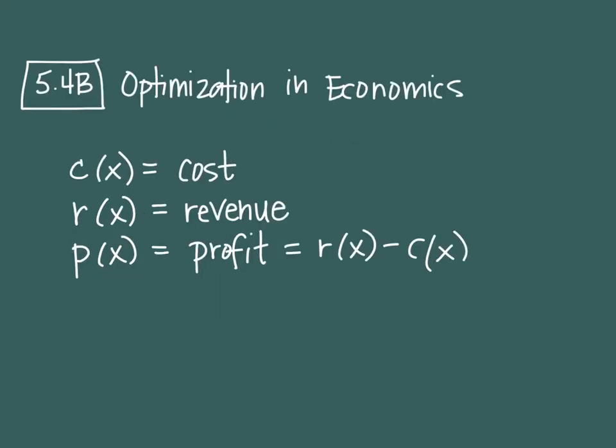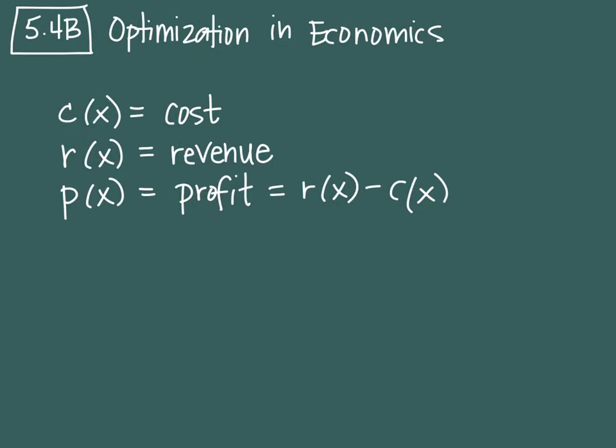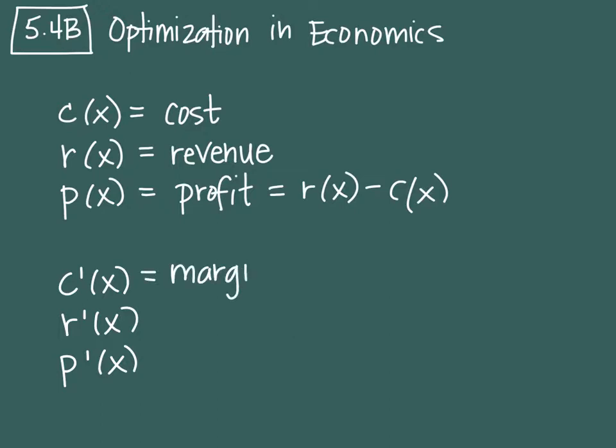We have already talked about the meanings of C prime, R prime, and P prime. Does anybody remember what prime means in economics? Marginal, or instantaneous. We call it marginal because it only works for a margin, just for the very next item that comes right after that.